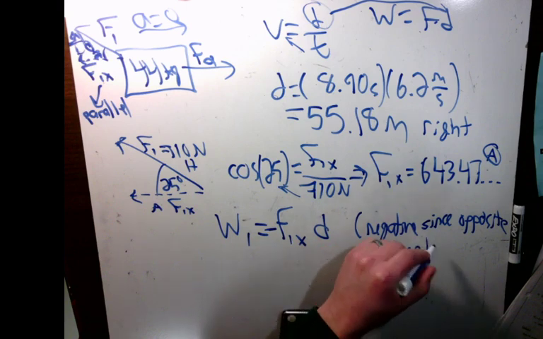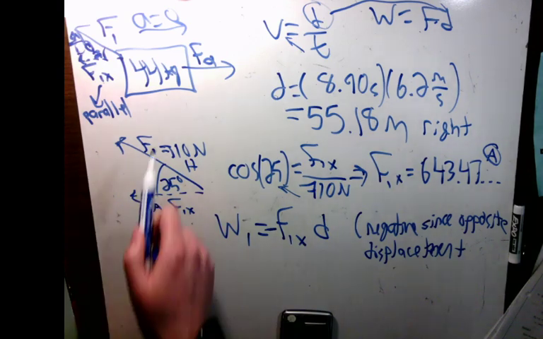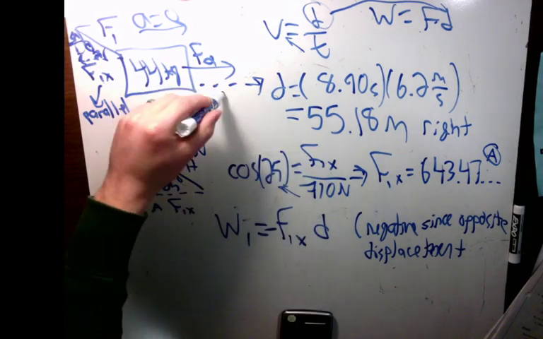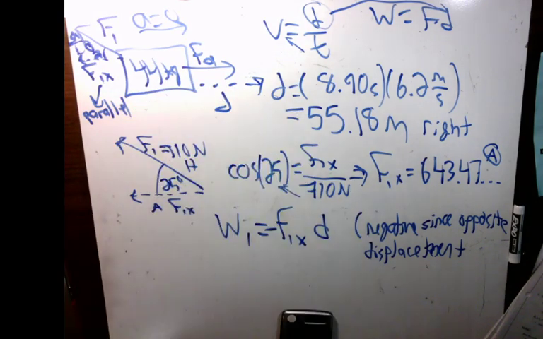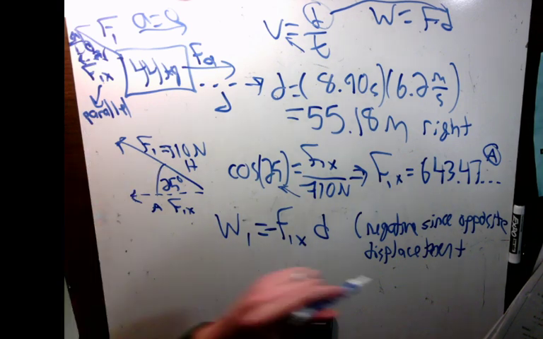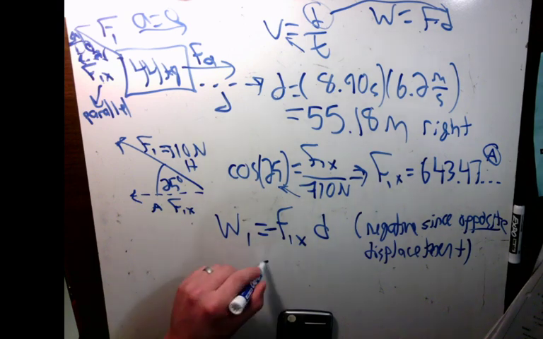If we look at our diagram, we're moving to the right, so we have this displacement of 55 meters to the right. Since force 1 is acting to the left, it's opposite to our displacement. We are going to end up with negative work, right? It's resisting this motion.